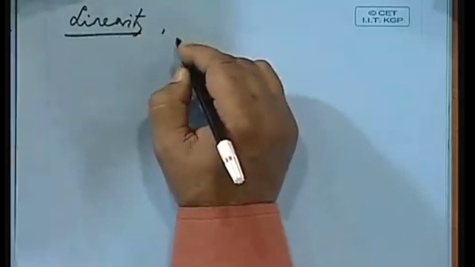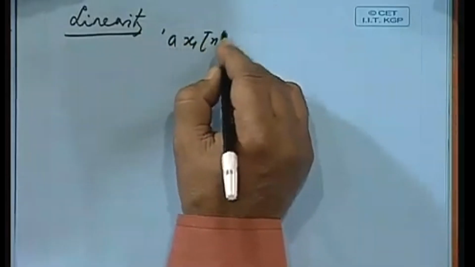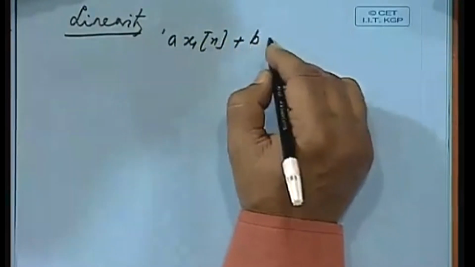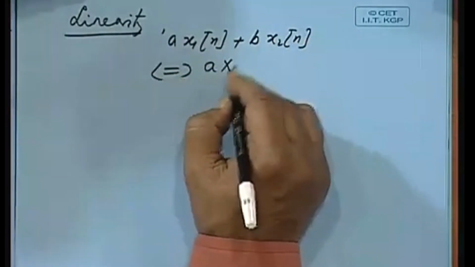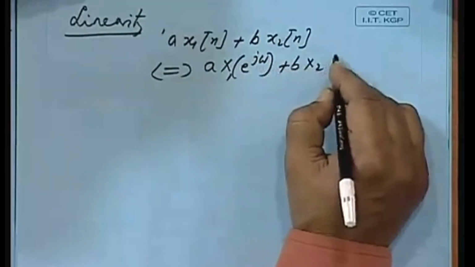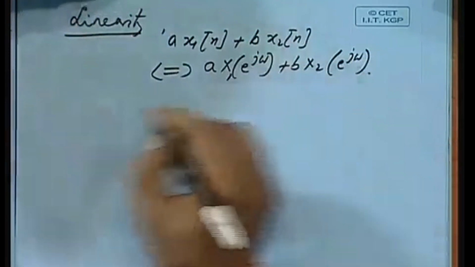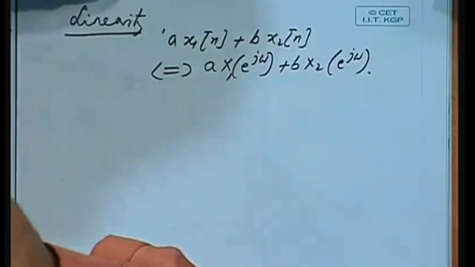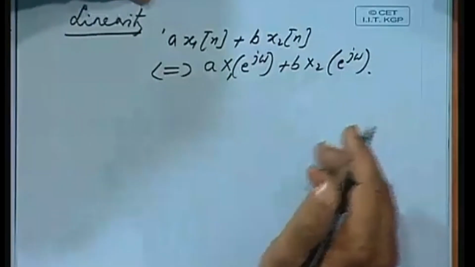Linearity, the same principle, A times x1 n plus B times x2 n will give you A times x1 e to the power j omega plus B times x2 e to the power j omega, probably we mentioned it earlier. Delay or shift are very similar to Z transforms. Then your convolution, that will also be similar.